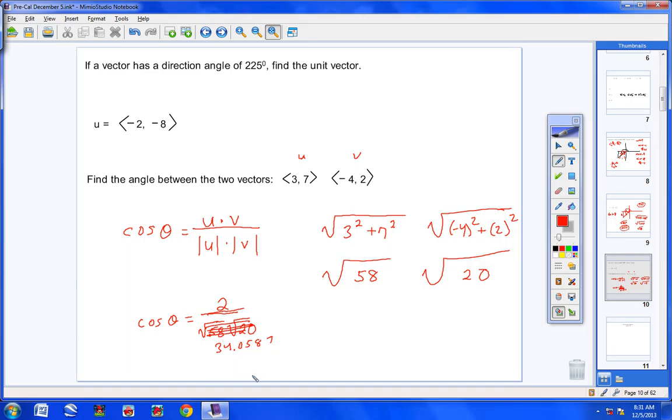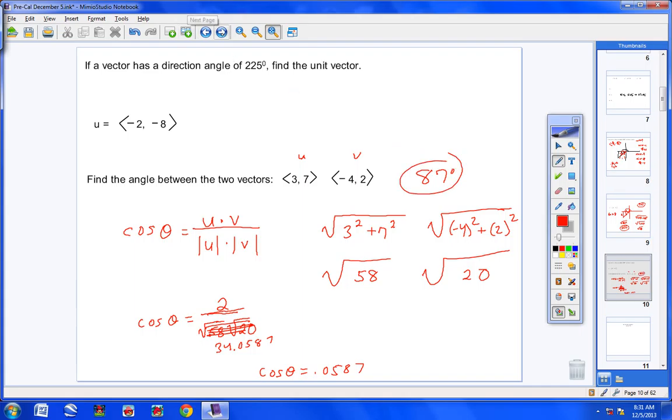Now, I'm going to put cosine of theta equals, and divide using my calculator, 2 divided by this decimal number. You should get something like 0.058722022. And now we're looking for an angle, so second cosine of that decimal, and you will get 86.6. So I'm going to go ahead and say 87 degrees.